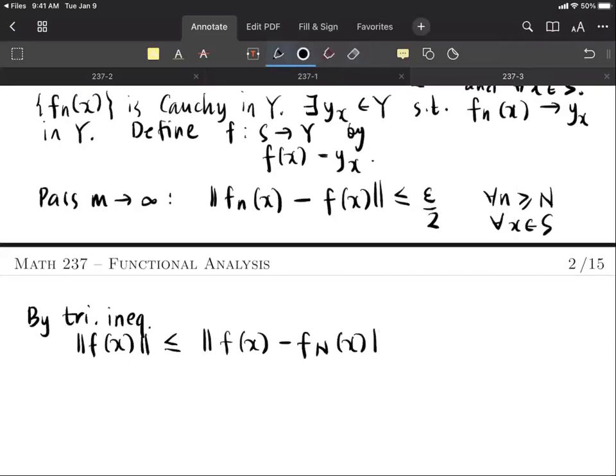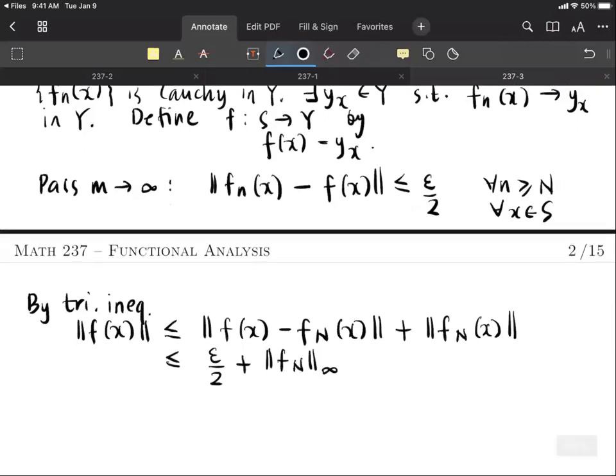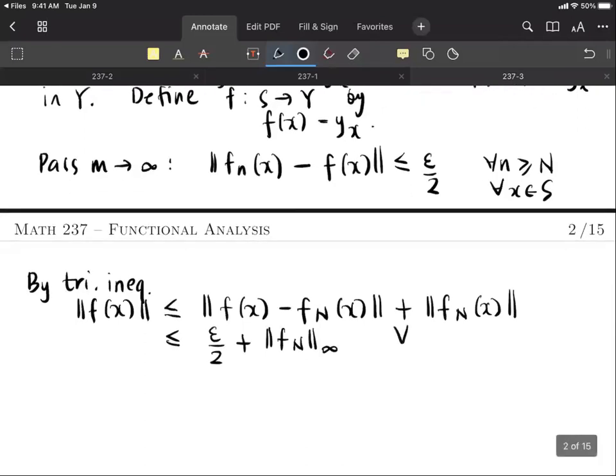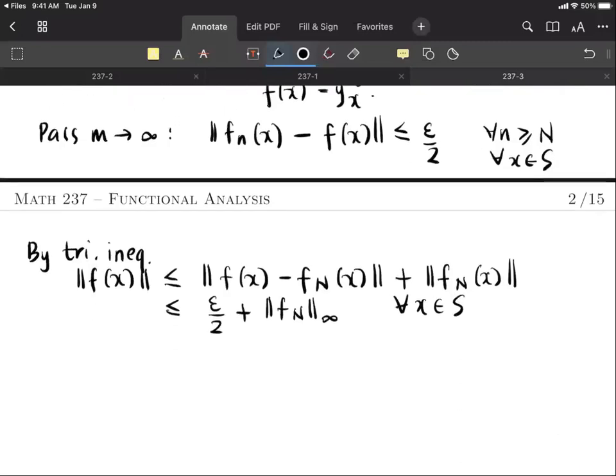So I have applied this. Okay, so we know that this is less than epsilon over 2 plus, I bound the second term by the sup norm. And this is true for any x and s. Therefore, I have shown that the image set of f is bounded.